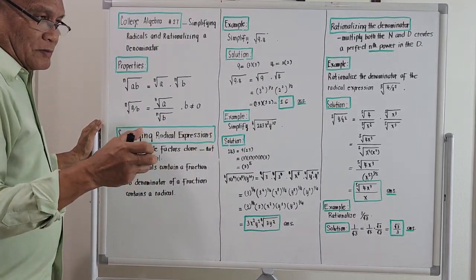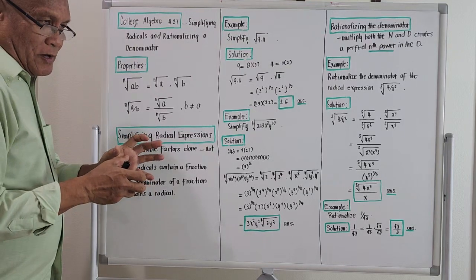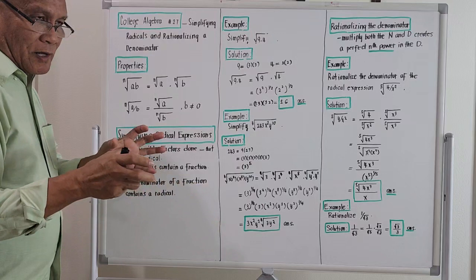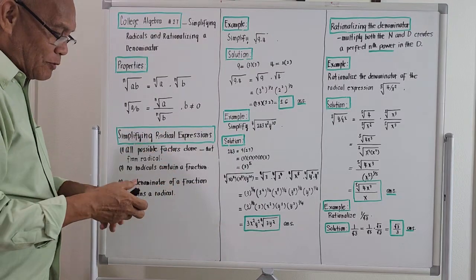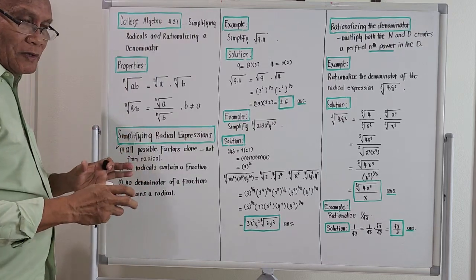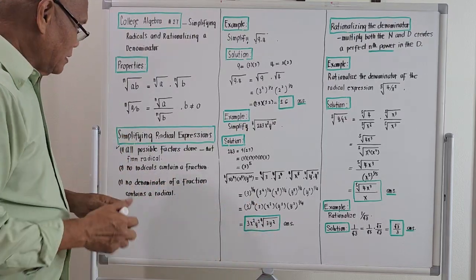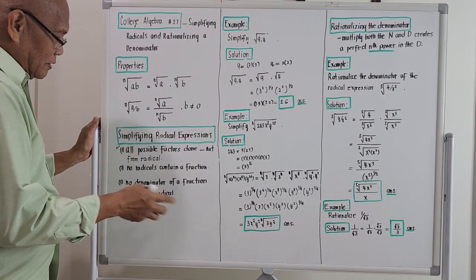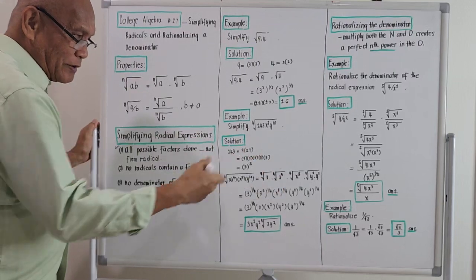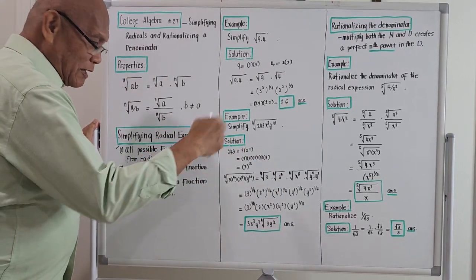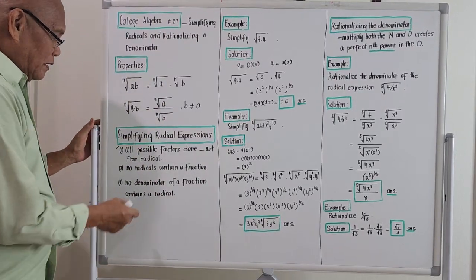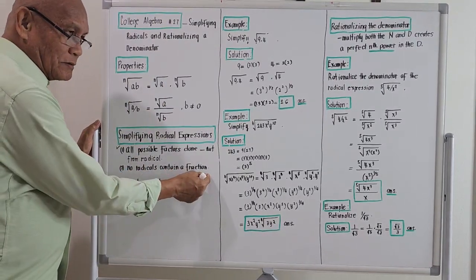For us to say that the radical expression is already in the so-called simplest form, there are three conditions that must be satisfied. Number one, all possible factors are done. We factor that already, and we bring it out from the radical sign. Number two, no radicals contain a fraction.